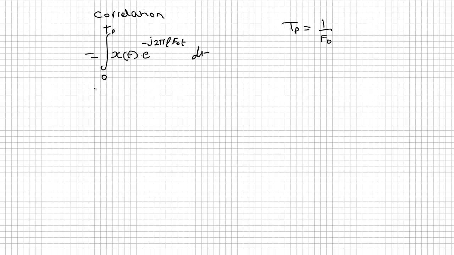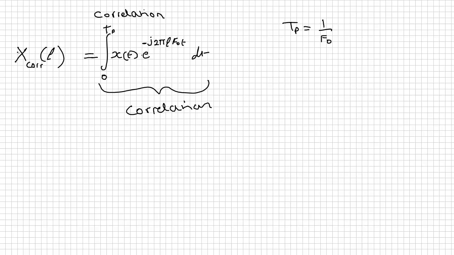This is correlation, or it is a form of correlation. And of course the result is a measure of how well two things match, so let's give it a name.